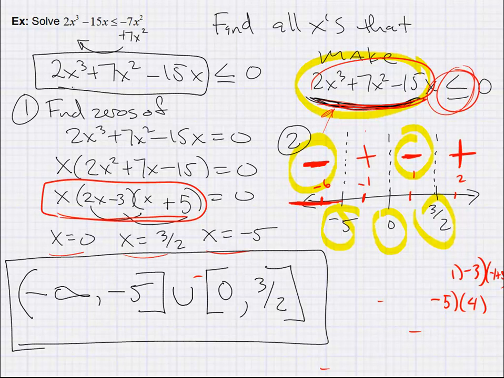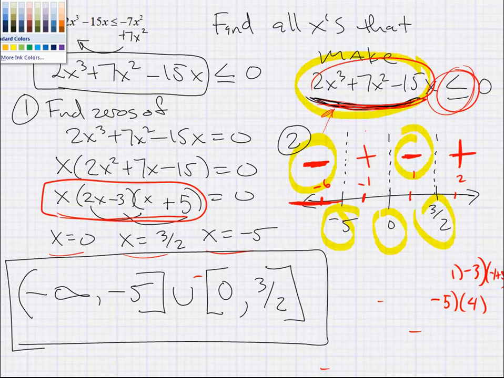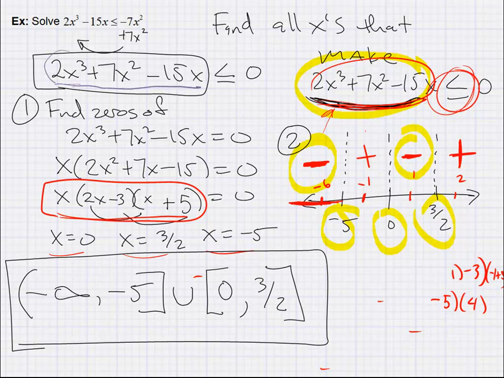Now there's another way I could have done this. Another way I could have done this would be to think about the graph. So let me get a different color. Alright, so what do we know? What I know is that if I was to graph this polynomial, this right here would determine what happens at the ends of the graph.